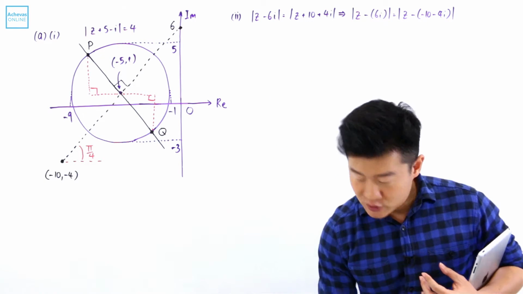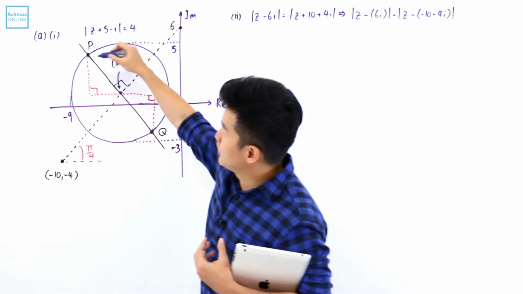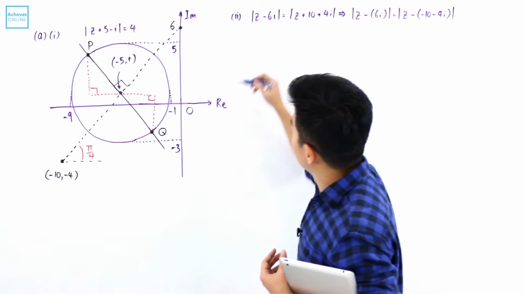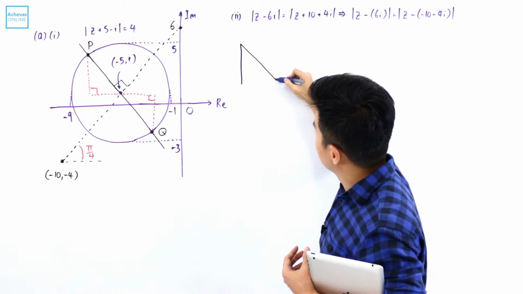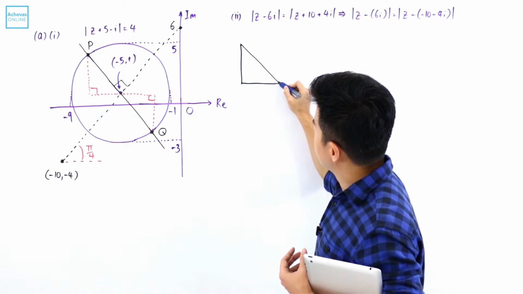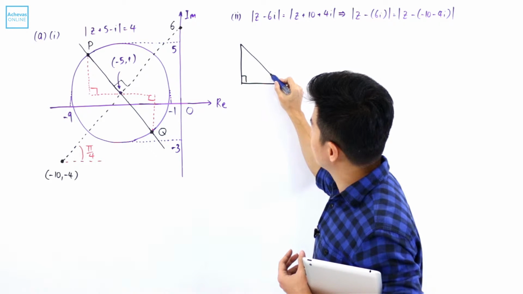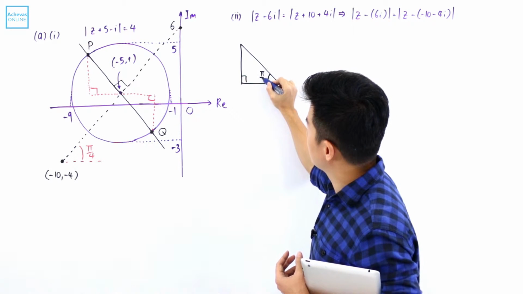Now we are going to make use of some observation. If I focus on just this triangle first, like what we have just discussed, this is a right-angled triangle. This angle here is pi over 4.